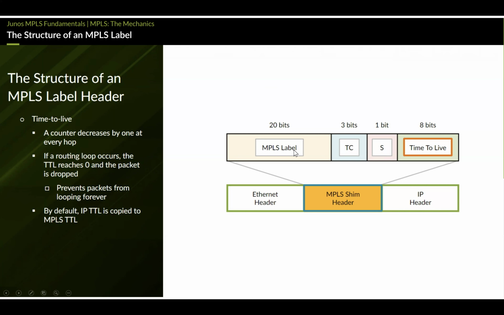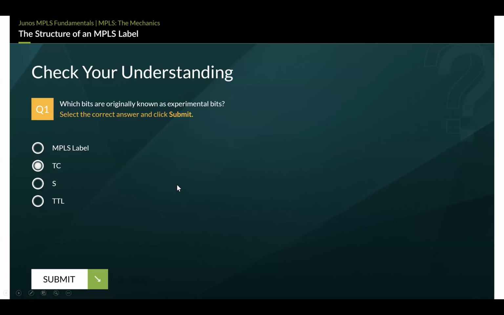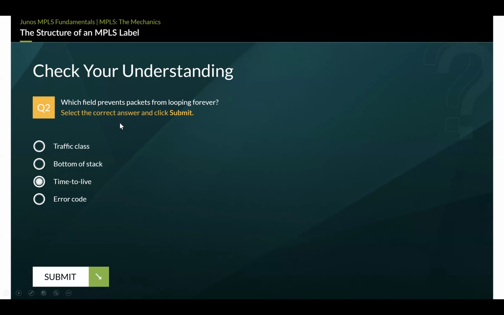So first is the MPLS label, that is 20 bits. It's just a numeric number. And time to live, or TTL, is like the IP TTL. Which bits were originally known as experimental bits? TC, traffic class bits. Which bit prevents packets from looping forever? That is time to live, or TTL.